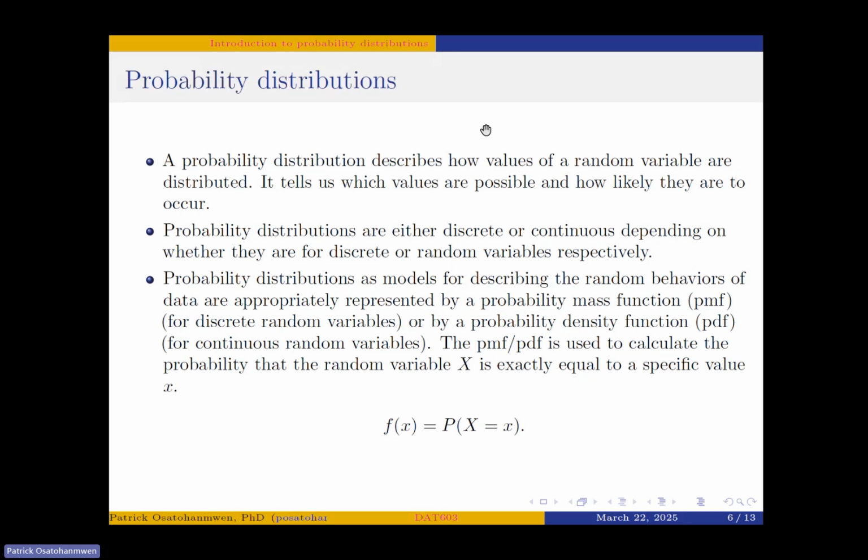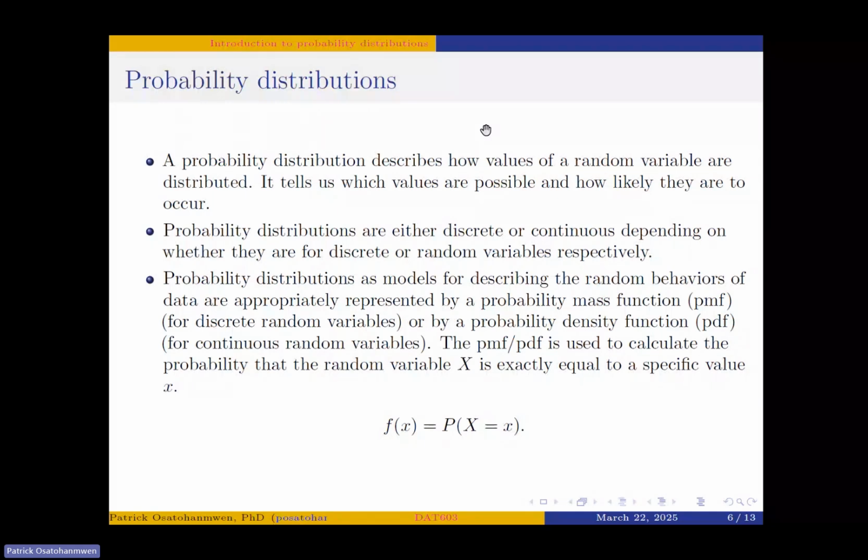So probability distributions are actually models for describing the random behavior of data, and they are appropriately represented by a probability mass function for a discrete random variable, or by a probability density function for a continuous random variable.